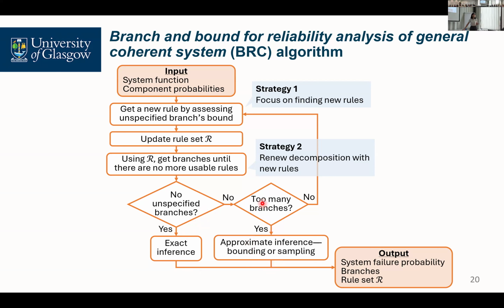Otherwise, if there are too many branches and we want to terminate the algorithm, then we do approximate inference by either bounding or performing MCS on these unspecified branches only. Or otherwise we go back and continue this process of identifying new rules and new decomposition. The outputs are first the system failure probability, but also the branches and the rule set, which we can use for other types of inferences, not only the system failure probability calculation.